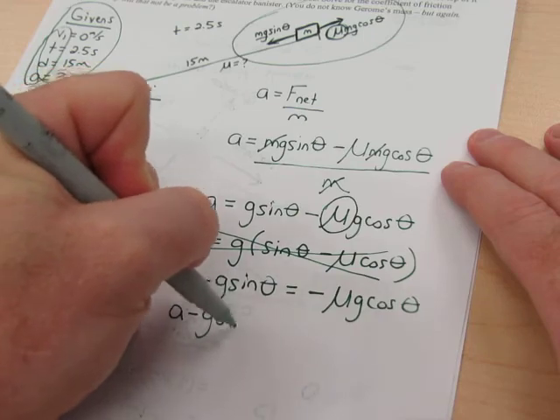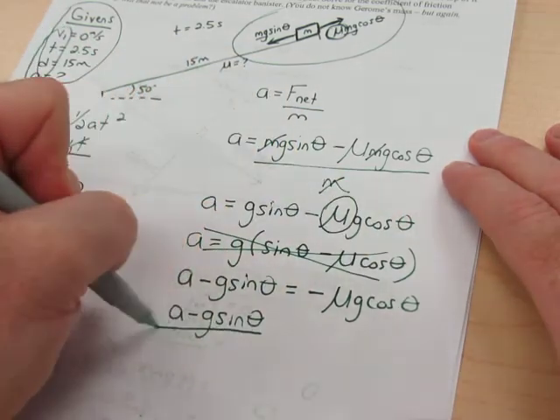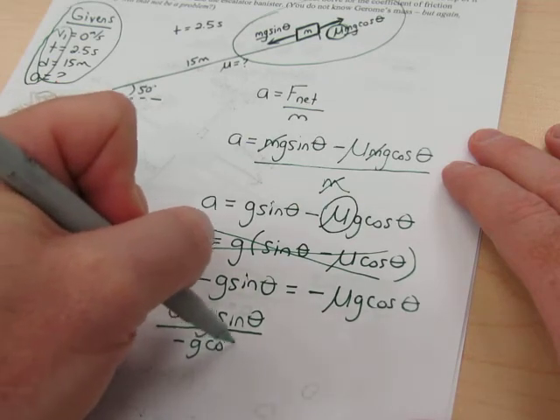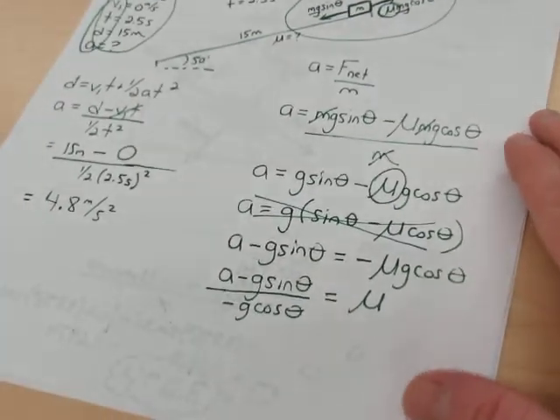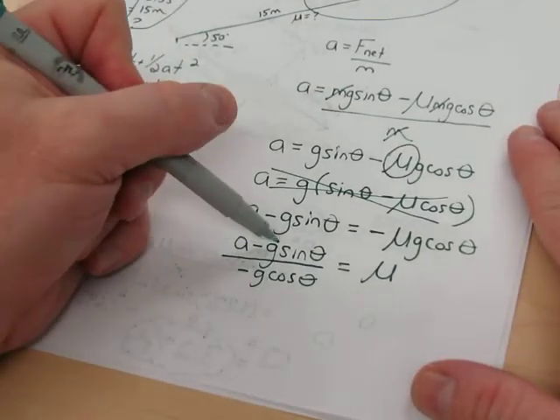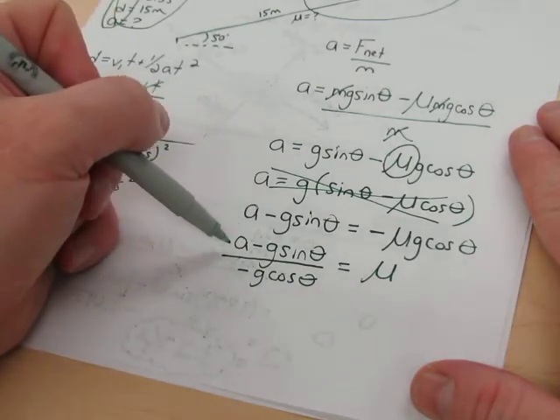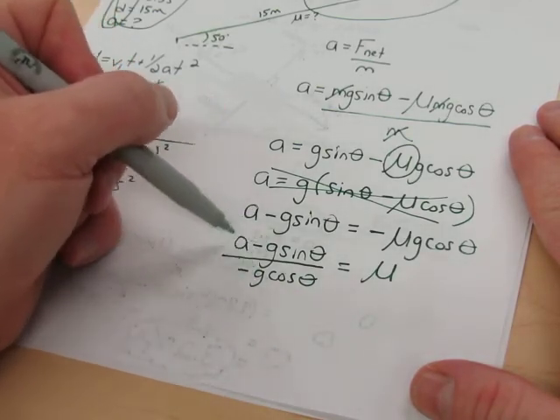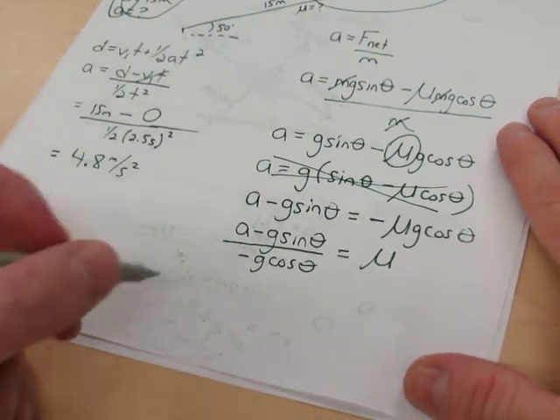I'm running out of space here, but I'm going to bring over the negative g cos theta, and that would all go on the bottom. Negative g cos theta, leaving just coefficient of friction by itself. Be very careful, you can't cancel those g's. There are two terms on top, one term on the bottom. There'd have to be a g in every term in order to cancel it out. So you can't cancel it.